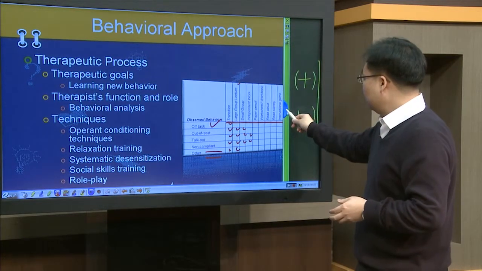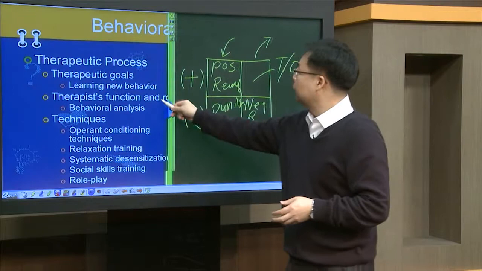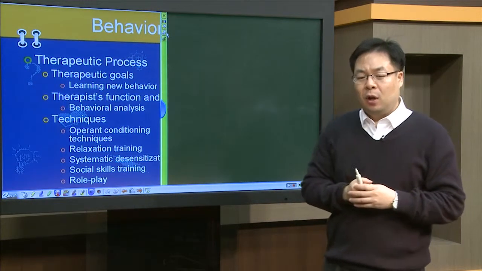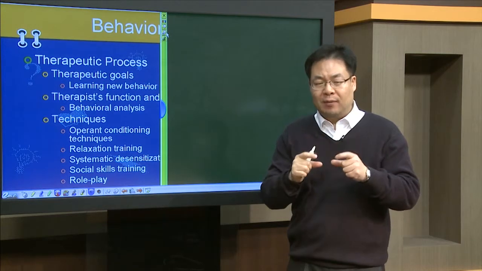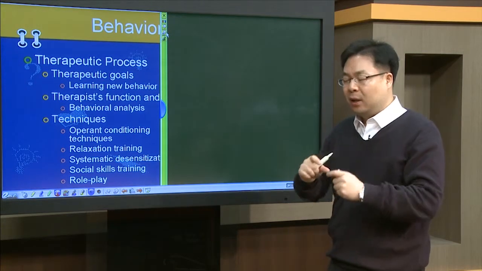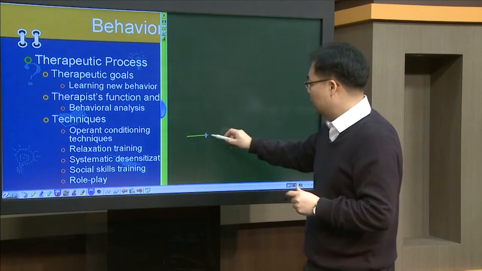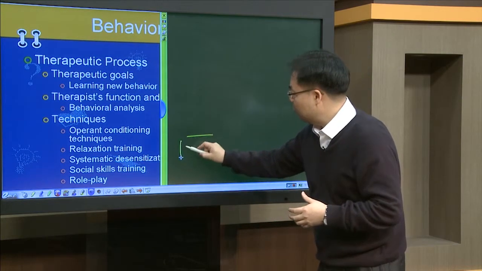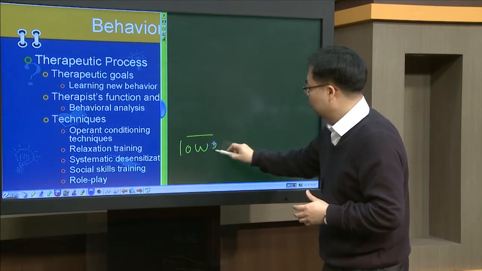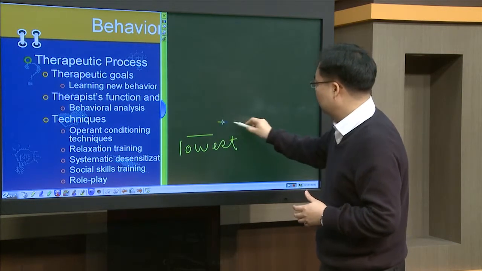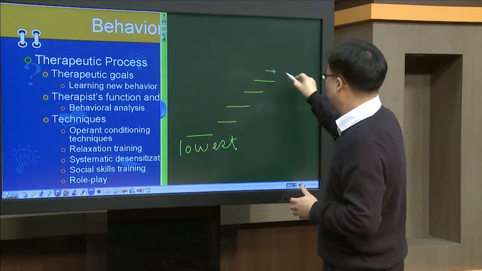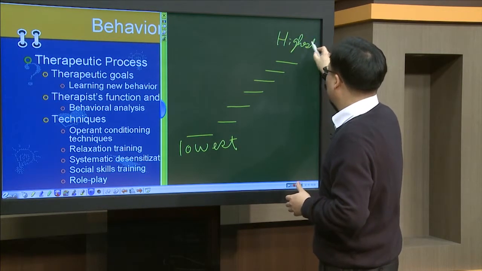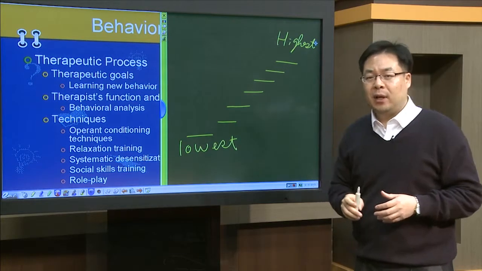If I use this one again, systematic desensitization is where the counselor develops a hierarchy of anxiety. So here is the low anxiety level. This is low, lowest, and this is the highest level of anxiety.